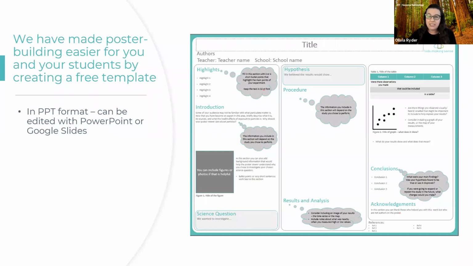And to make things easier, we've created this free template, looks just like this, that your students can use to create their poster. And it's in a PowerPoint format, so you can use either PowerPoint or you can use Google Slides to open and edit the template, or they can. And also within that same PowerPoint document, there is a second slide which has the example poster that I showed on the previous slide.